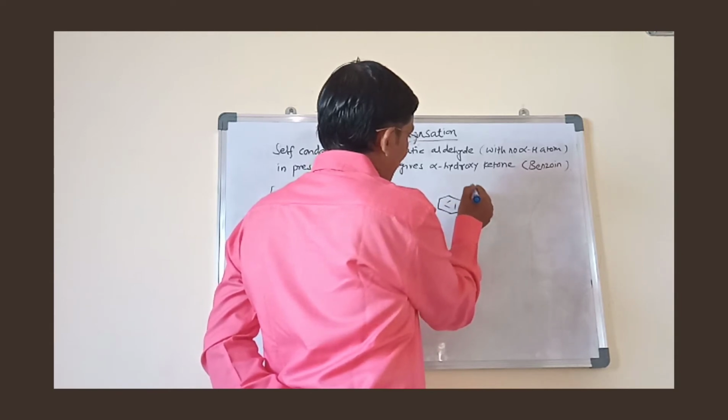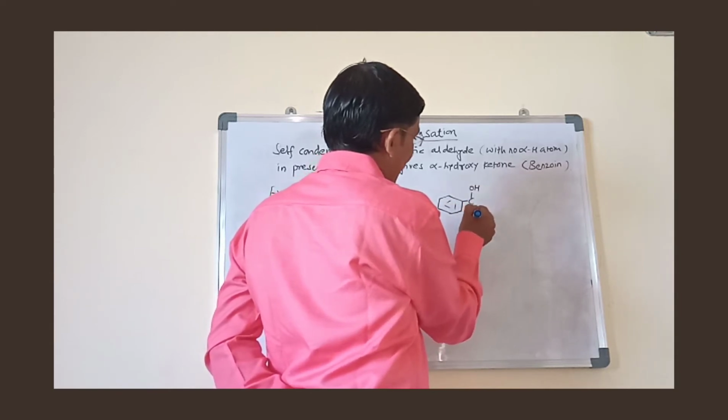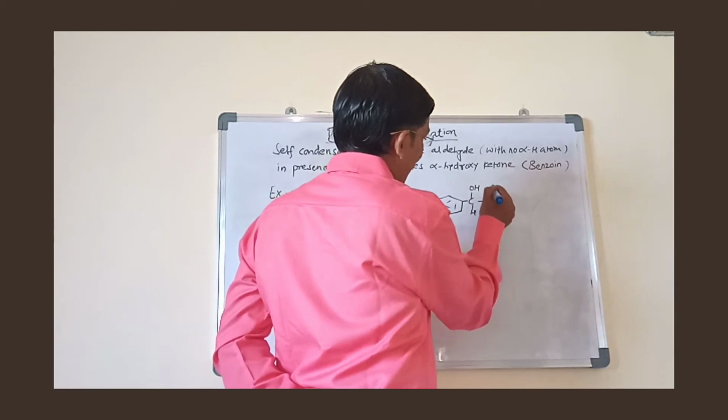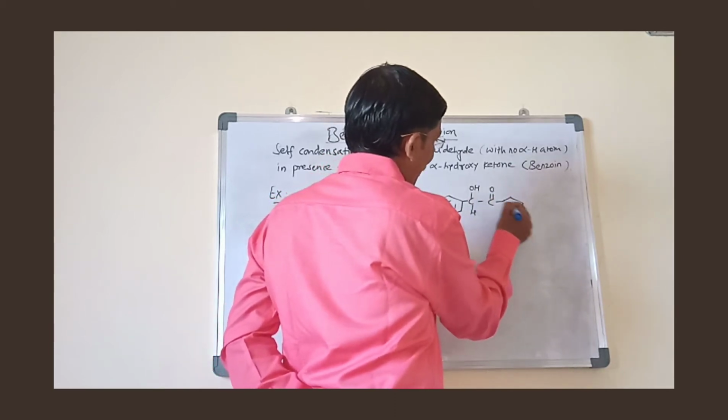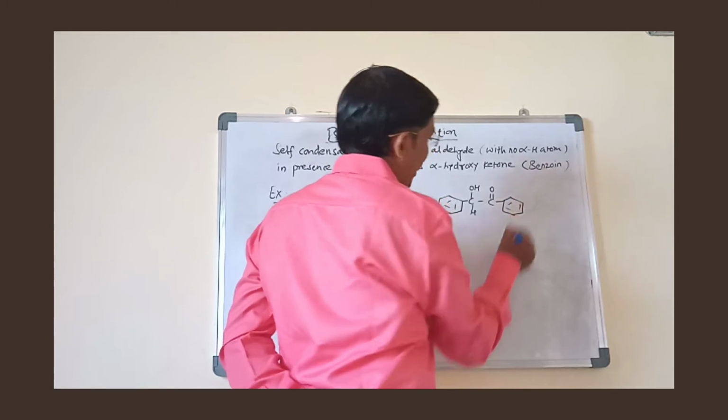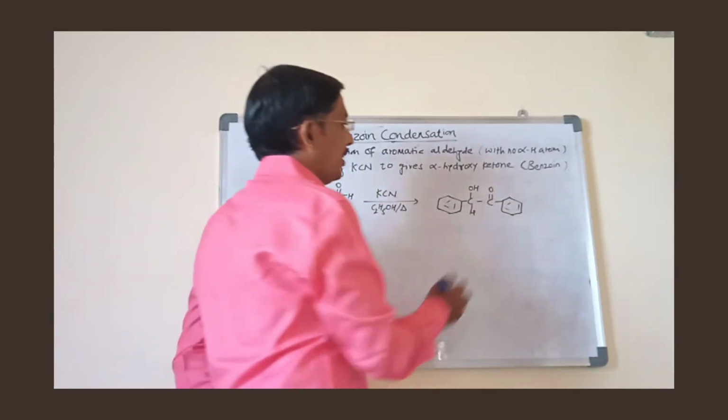Here it is CHOH and then second carbon C double bond O. This is an alpha hydroxyketone.